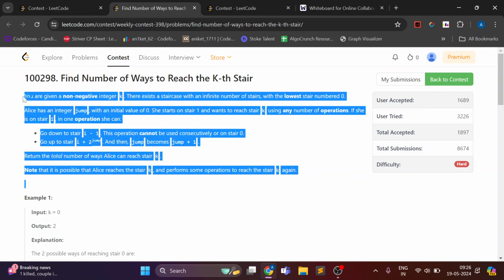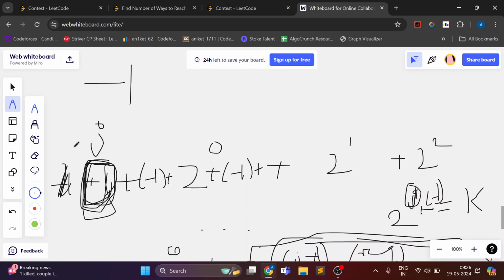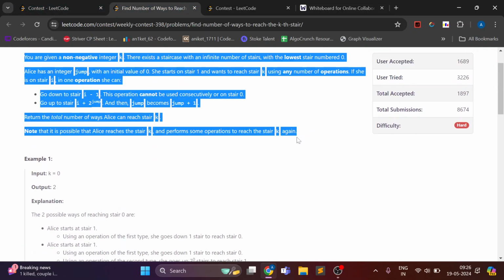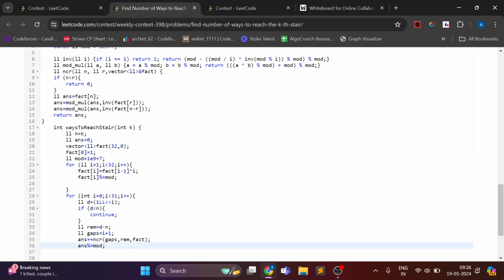So it is kind of guesswork, I would say, but this logic is correct, but taking mod, I just did a guesswork and finally submitted, and it got AC.